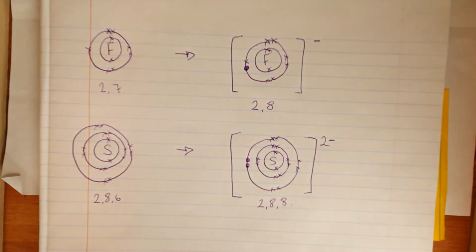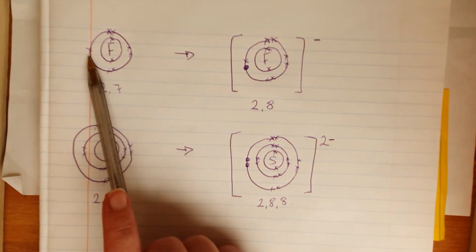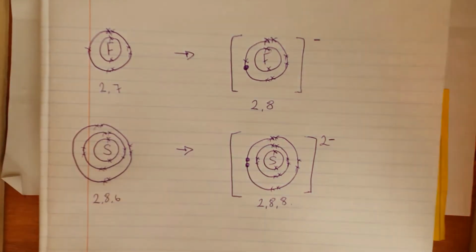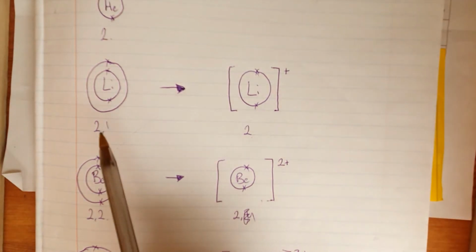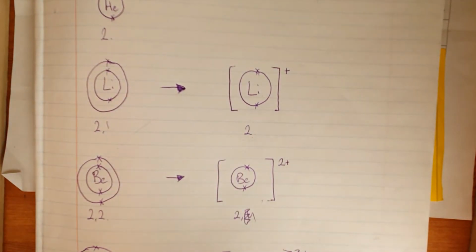So now we can draw negative ions and positive ions. We need to link these 2 ideas together, because if fluorine is going to gain this electron, it needs to gain it from something. And if lithium is going to lose an electron, it needs to give that electron away to something.